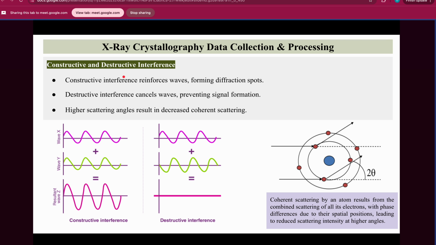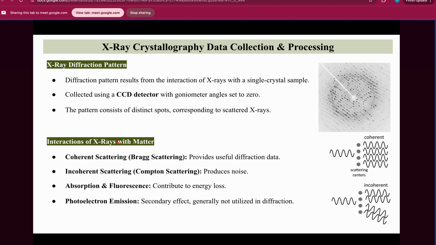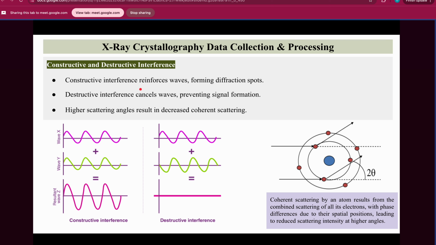Yeah, so this is to show you what constructive and destructive interference means. So even in case of this coherent scattering, there is a possibility that you might observe constructive interference or destructive interference.